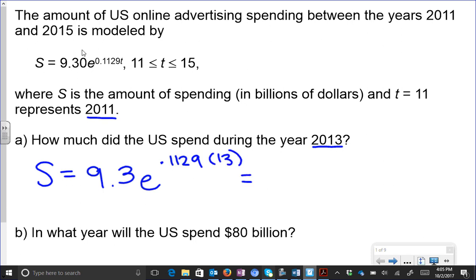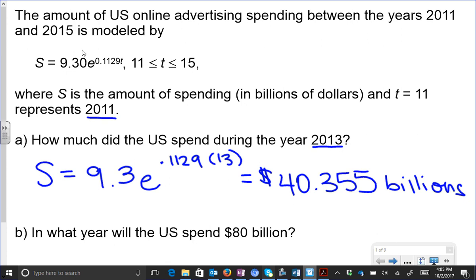When you type that into your calculator, you should get 40.355. But remember, this means billions of dollars, so you need a dollar sign, and this represents billions. So we have $40.355 billion.